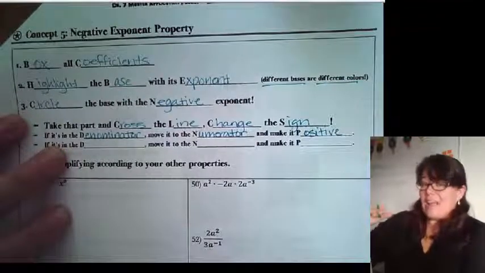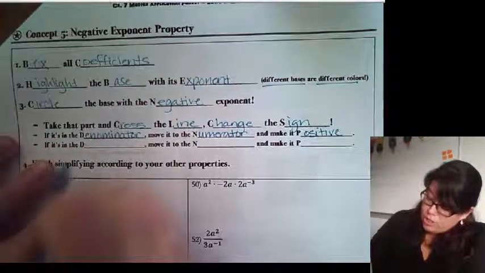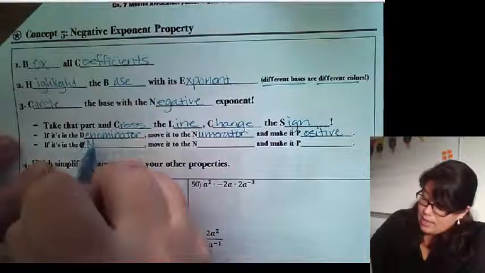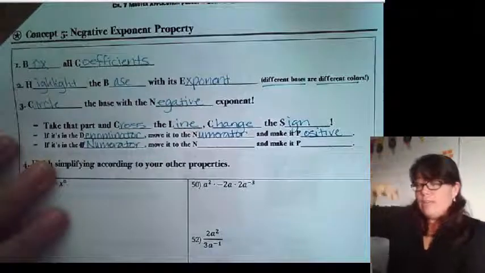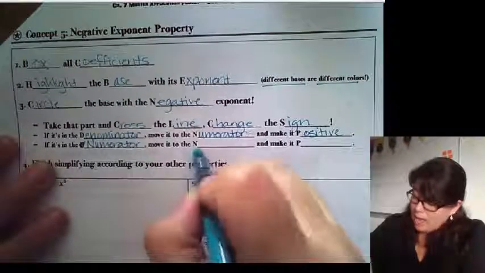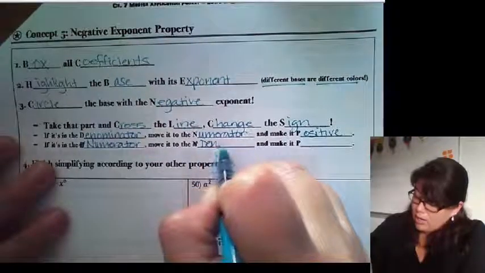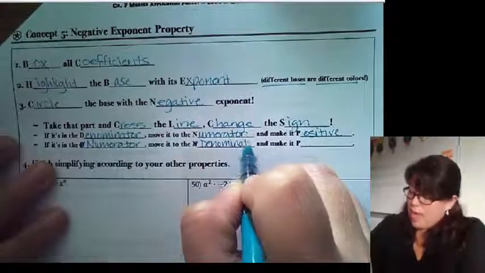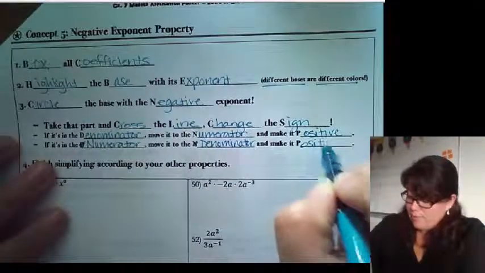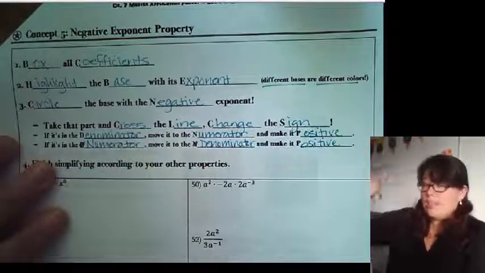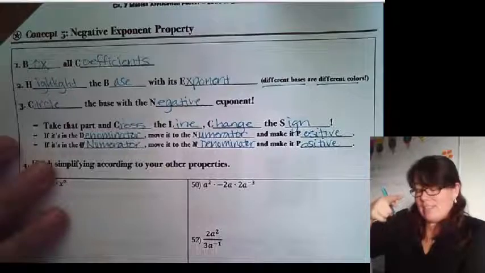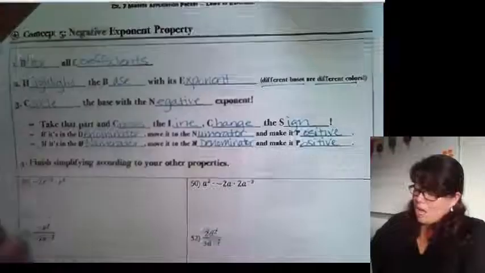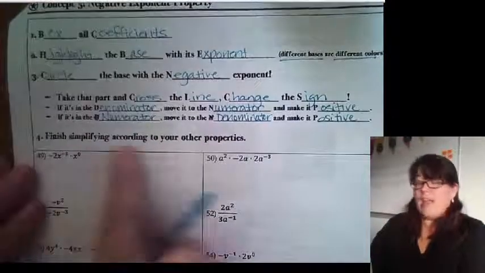If the negative exponent is in the numerator, so if it's up top, you're going to move it to the denominator and make it positive. So just cross the division line, cross that line, change that sign. Then after you do that, you're going to finish simplifying with your other properties.